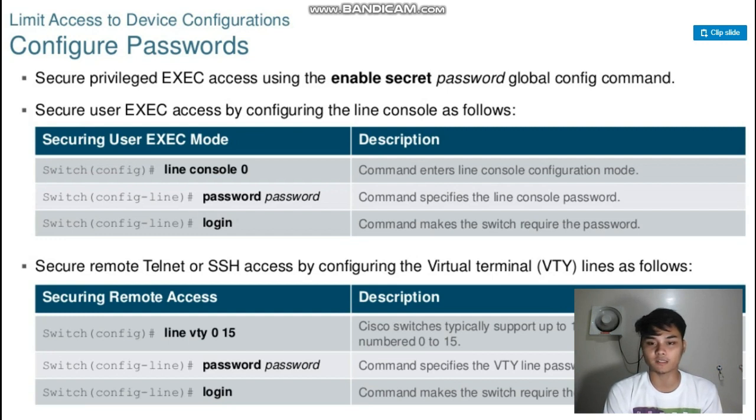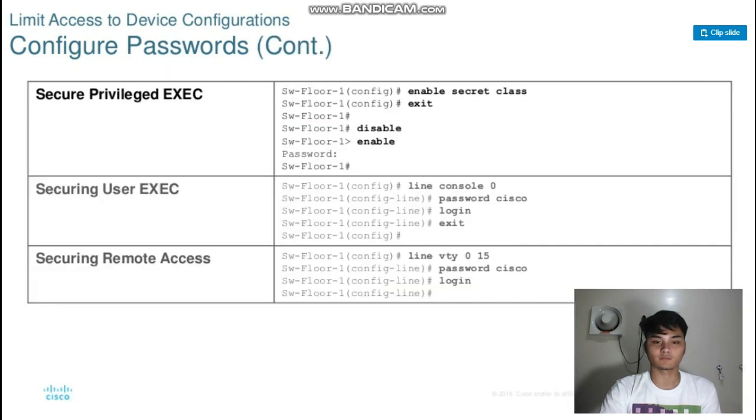We secure remote Telnet or SSH access by configuring the virtual terminal, the VTY lines, as follows: line vty 0 15, password again, and then login, same as the line console. So as you can see, we have secured privilege exec, user exec, and remote access.